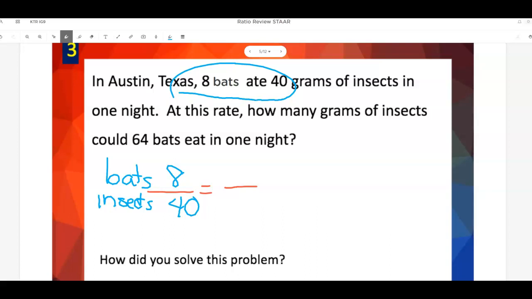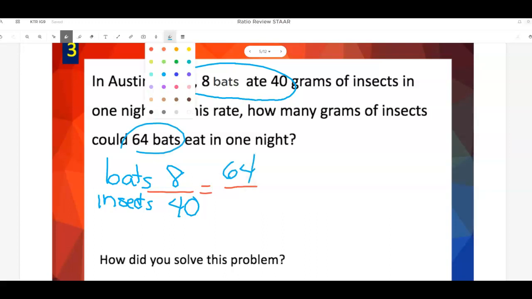Bottom. 64 has to go across from bats. 8, sorry. I'm giving you the whole answer. We only have like 2 minutes left to work. Okay, I'll let you find your final answer if you haven't gotten it yet.